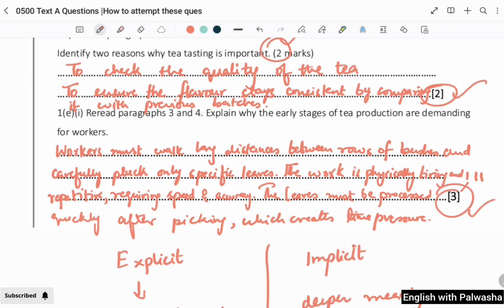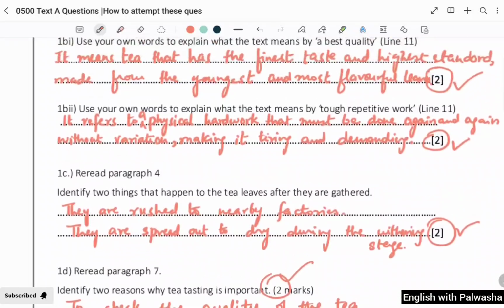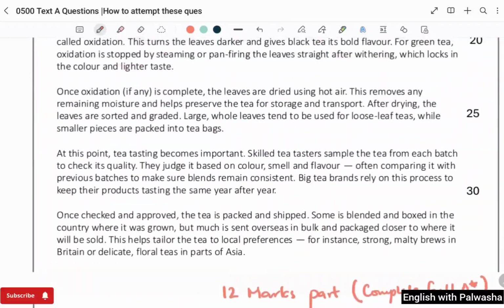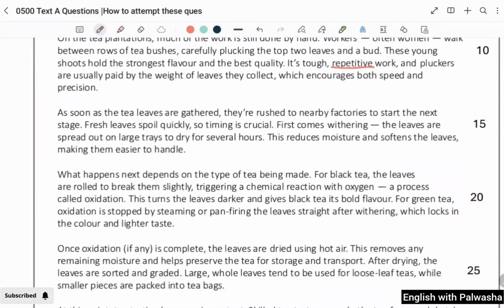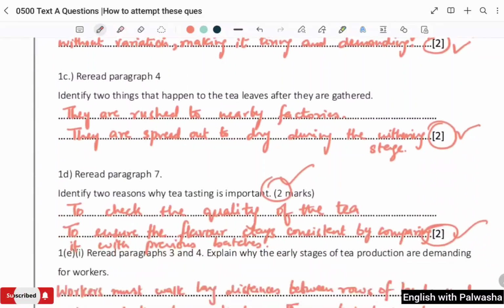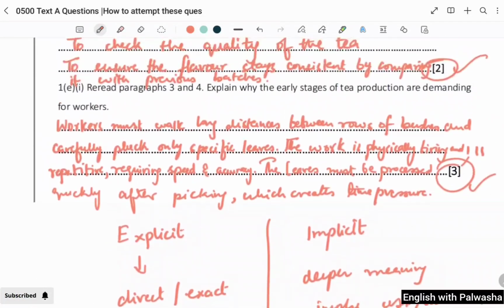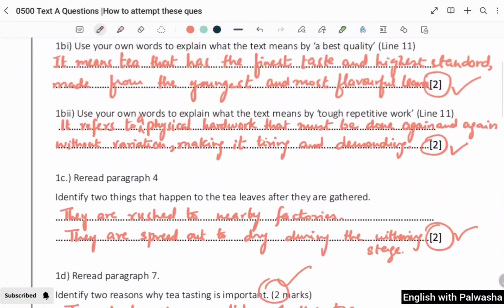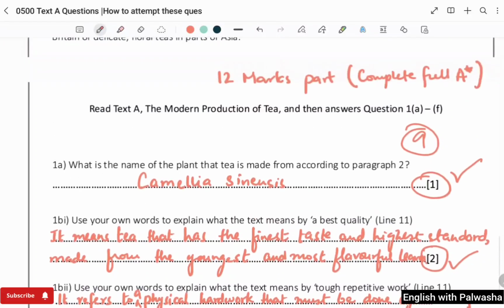So here is how you guys can achieve in the very first text A, text A questions, which are implicit and explicit questions. You can achieve all 12 marks easily. 3, 4, 5, 6, 7, 8, 9, 10, 11, 12. So I'm sure now you can easily achieve the 12 marks after watching my video.